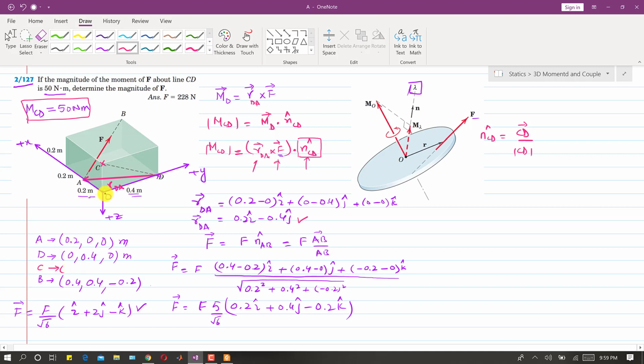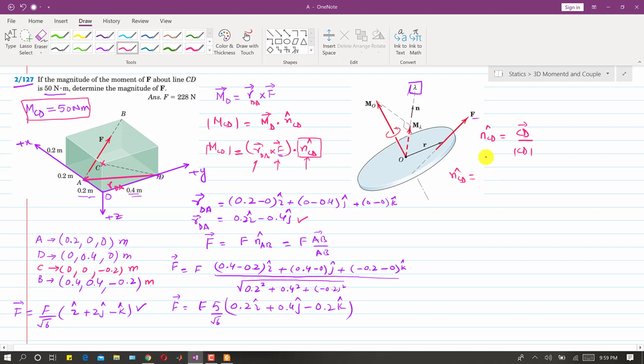If this is the origin, we only need to travel minus 0.2 along K. So 0, 0 and minus 0.2. So these are the coordinates of C in meters, and this is also in meters.